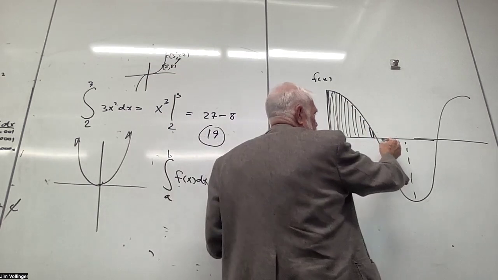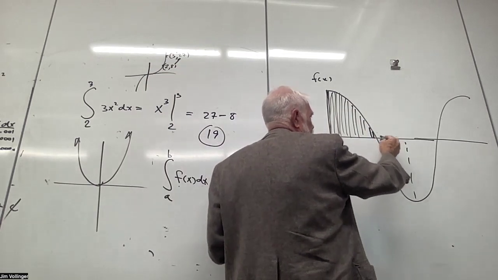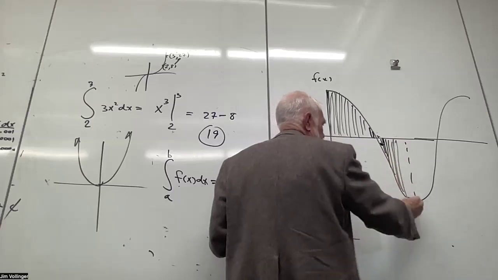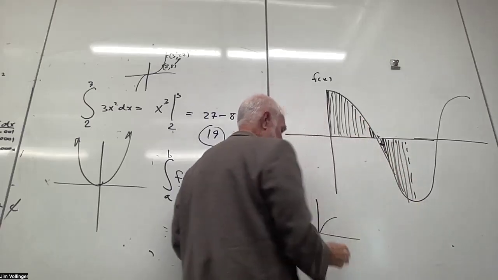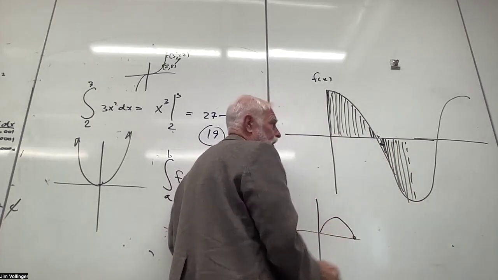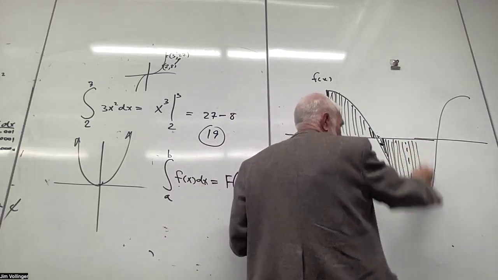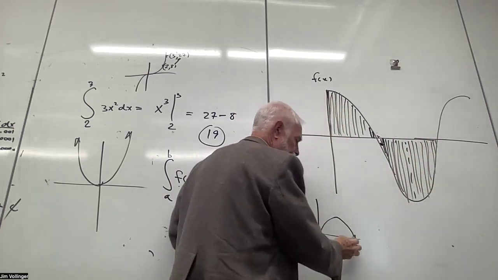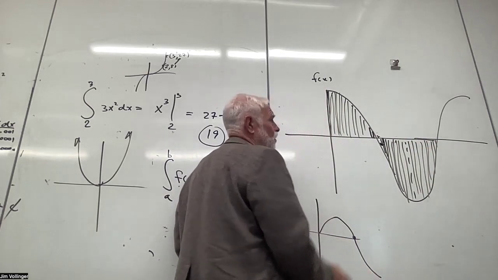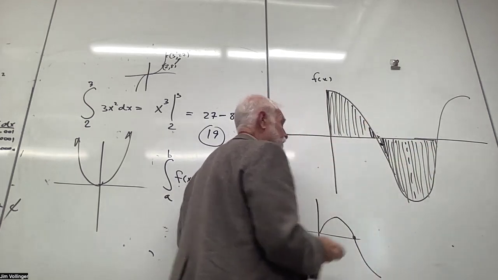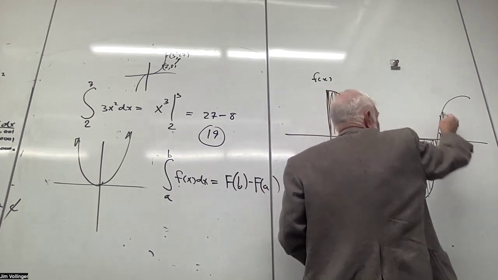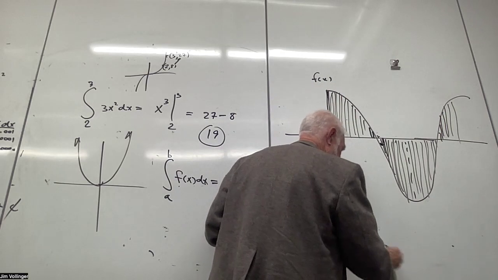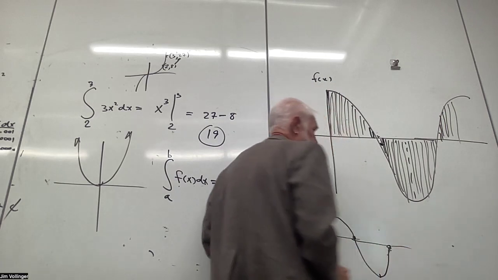And then, of course, my altitudes now are negative, widths are still positive, so I'm adding negative area. And this, if I drew it better, offsets that, so it comes back to 0. And then I continue adding negative area, but less and less quickly, so it goes to a minimum where this offsets that. And then I start to repeat what I did at the beginning. It brings me right back to there.